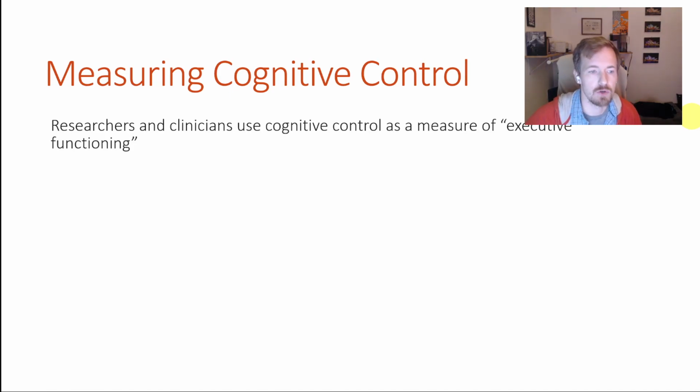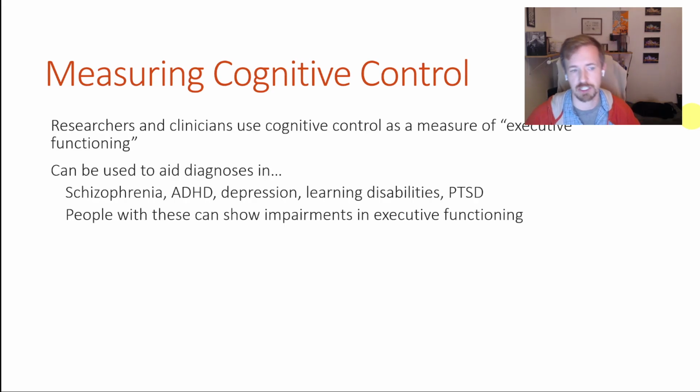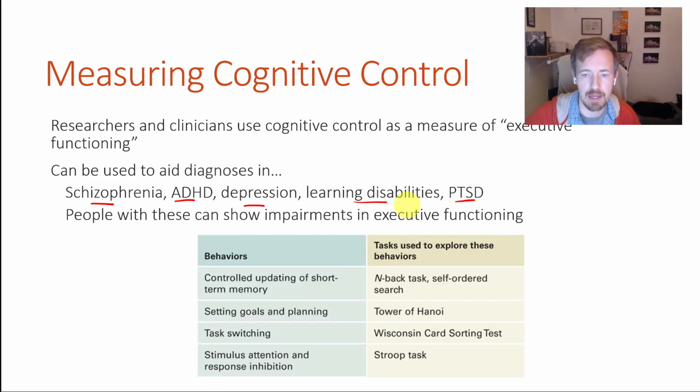All right, so researchers and clinicians like to use cognitive control as a way to measure executive functioning, and that is going to be used to talk about diagnoses for a number of different things in the DSM, including schizophrenia, attention deficit hyperactivity disorder, depression, learning disabilities, PTSD, and even anxiety as well. People that have these diagnoses oftentimes will show impairments in executive functioning, which might be a hallmark of that.